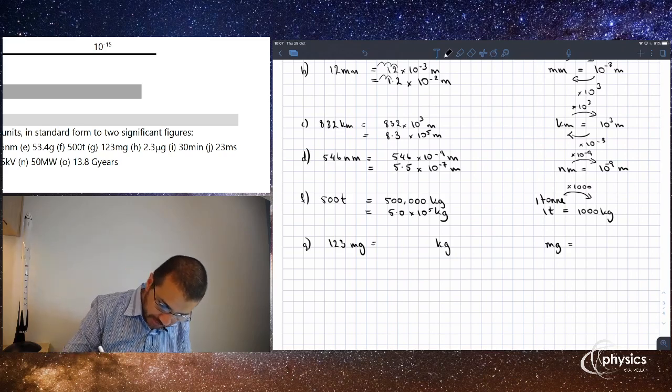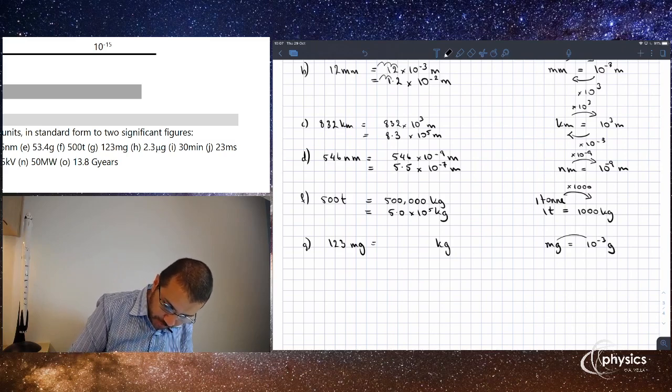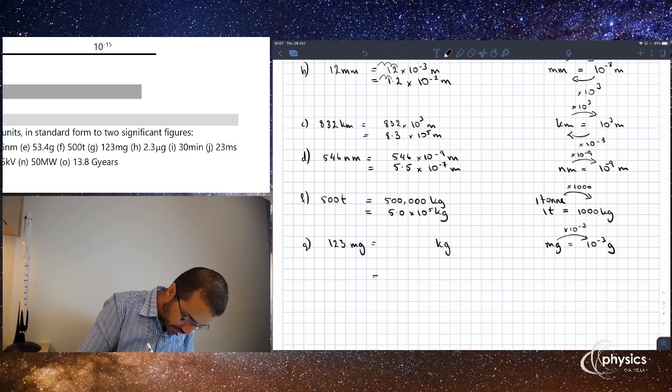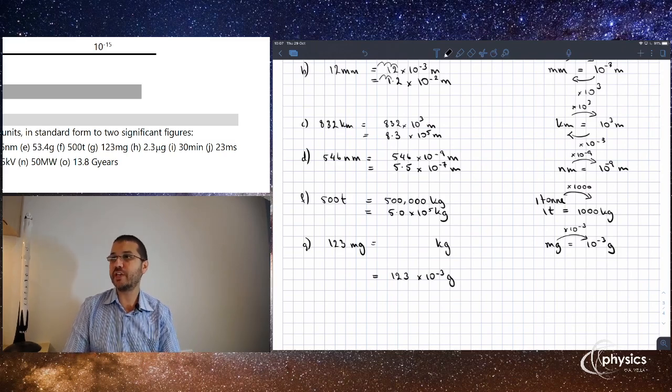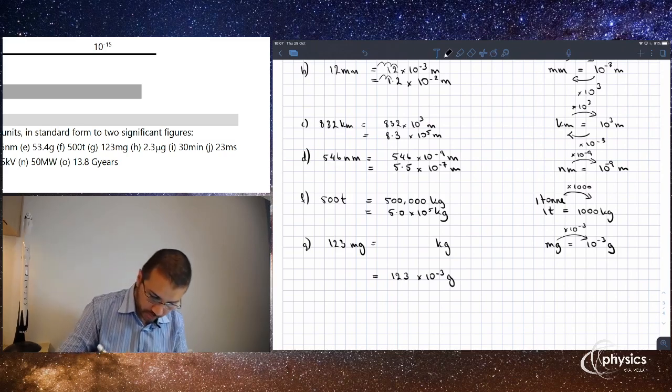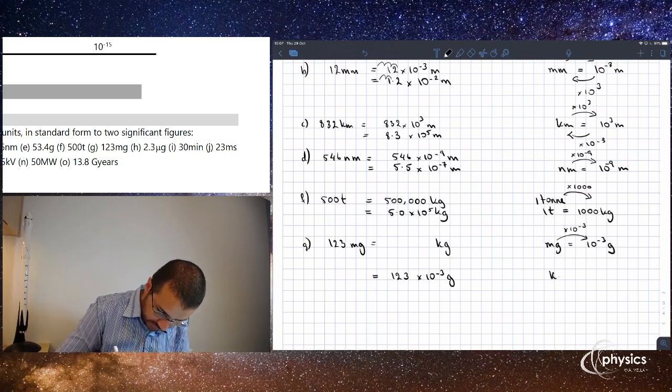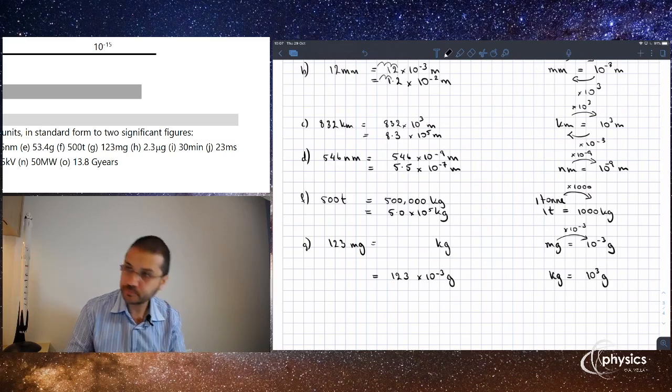So milligram is 10 to the minus 3 grams, so to move from milligrams to grams, we multiply by 10 to the minus 3. So first I have 1 to 3 times 10 to the minus 3 grams. But then I have to change grams into kilograms. So if you studied the prefixes, kilogram means 10 to the 3 grams.